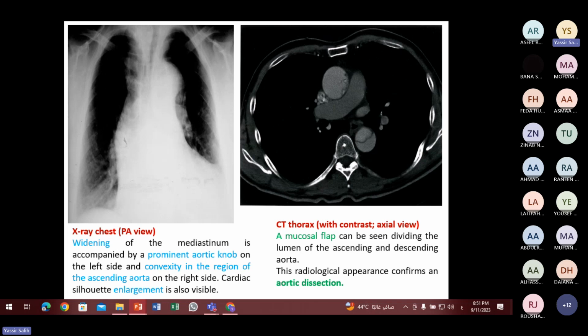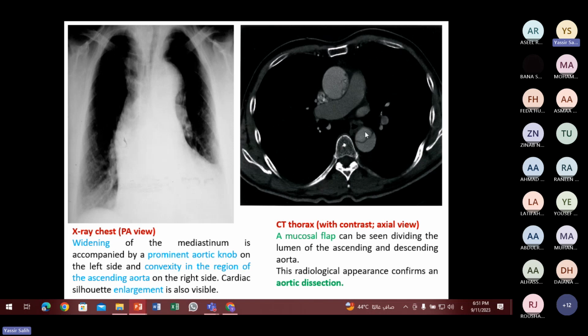Therefore aortic CT with contrast, the CT angiogram, is the most sensitive. This is the ascending aorta and this is the descending aorta. You can see this is the flap, the black line. We have two lumens, the false one and the real one.